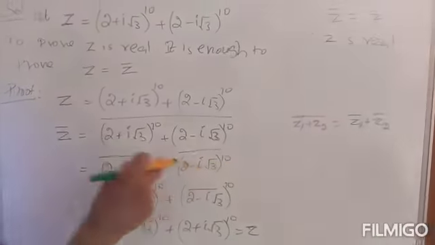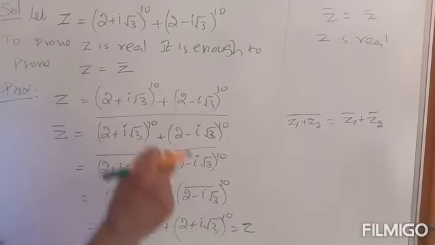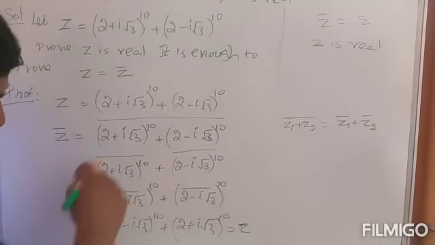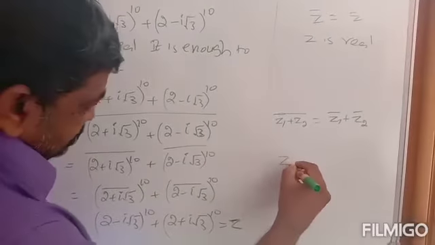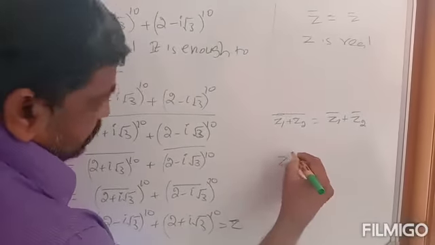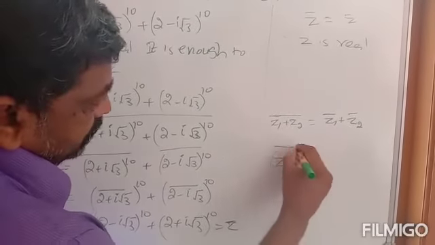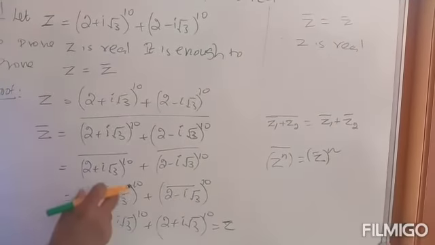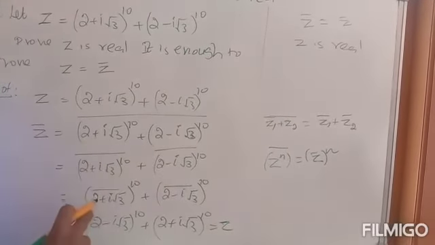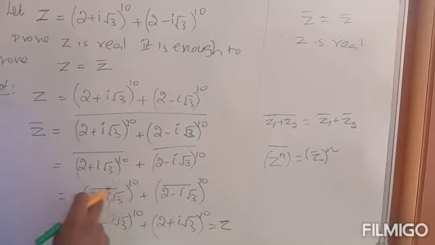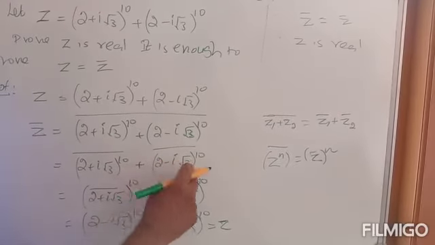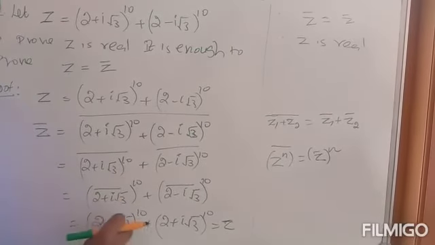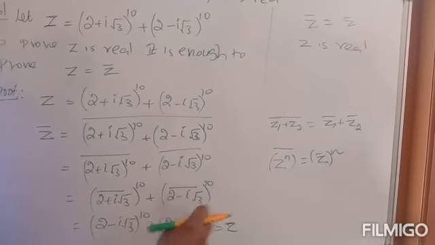We can write the bar of (2 + i√3)^10 plus the bar of (2 − i√3)^10. Next we use the property (z^n) bar = (z bar)^n. So the bar of (2 + i√3)^10 is (2 − i√3)^10, and the bar of (2 − i√3)^10 is (2 + i√3)^10.